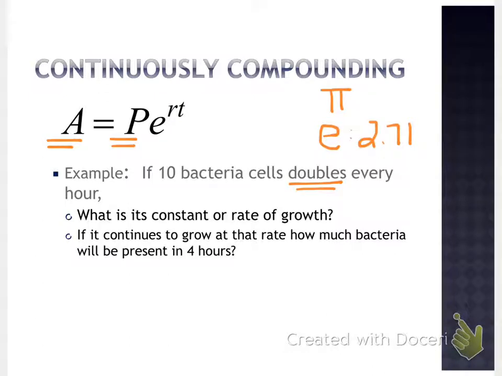So we're going to solve for A. A equals P, which is our 10 cells, times E to the R, which we said was 2, times T, which is 4.